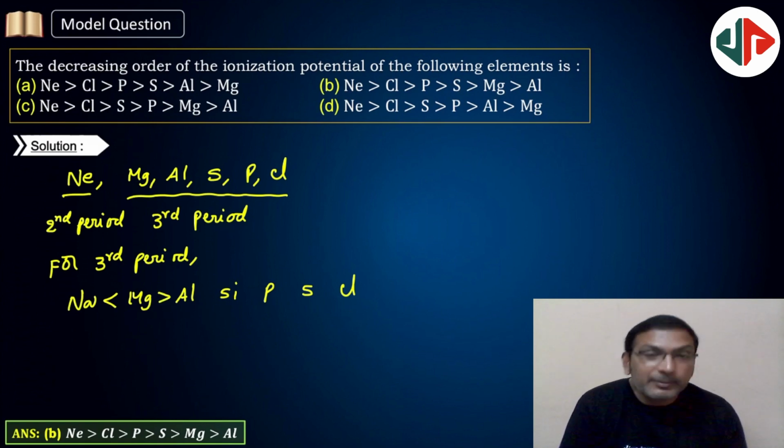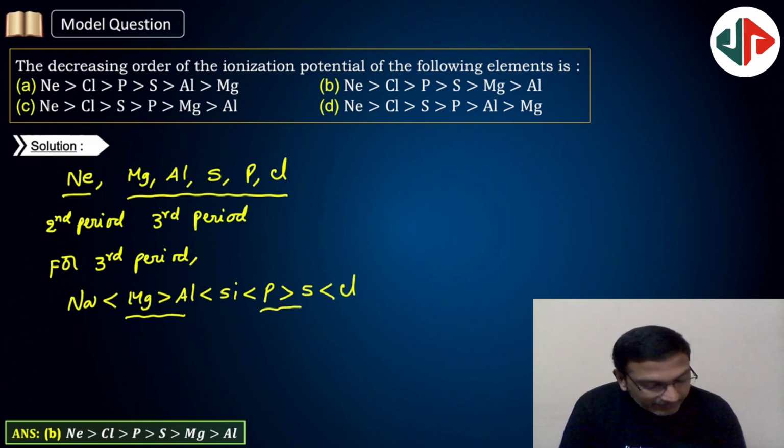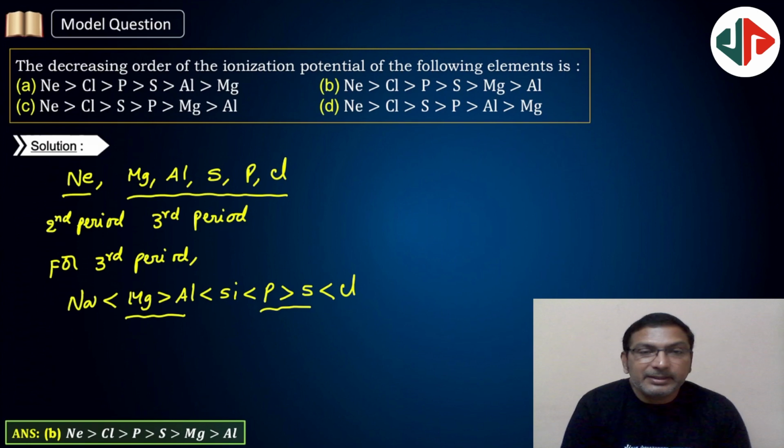Remember this order, anomalous pair, due to completely filled configuration in valence shell. Next, when compared to sulfur, phosphorus has more ionization. Next, after that Cl. Here it will also be reverse. Phosphorus has half filled configuration.